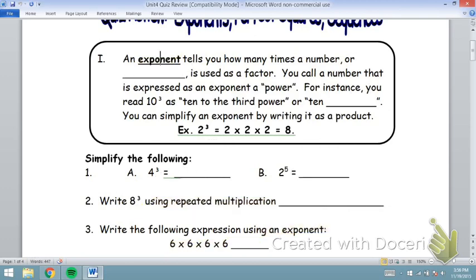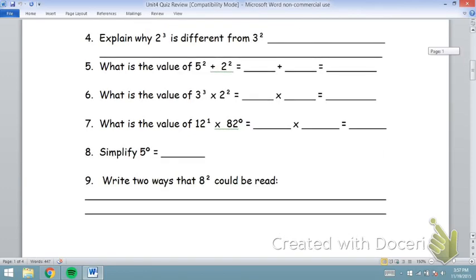Okay. Moving down. Number 4, explain why 2 cubed or 2 to the 3rd power is different from 3 squared. And the answer could be as simple as the fact that their answers are different. If you wrote out 2 cubed, you would write it out like 2 times 2 times 2, which gives you an answer of 8.